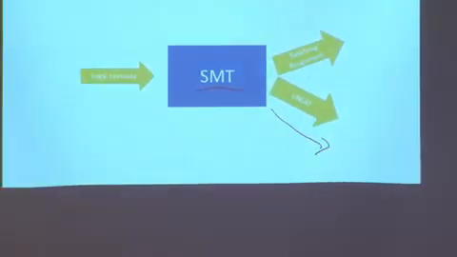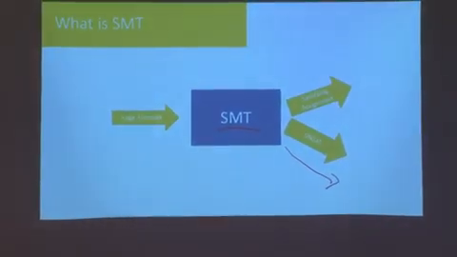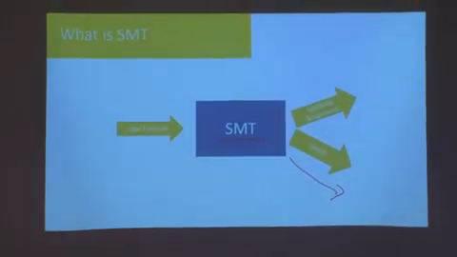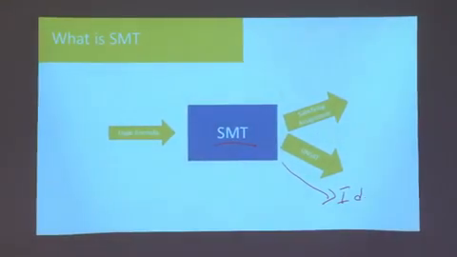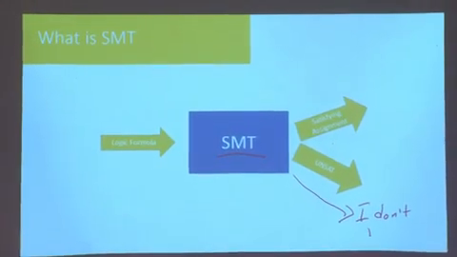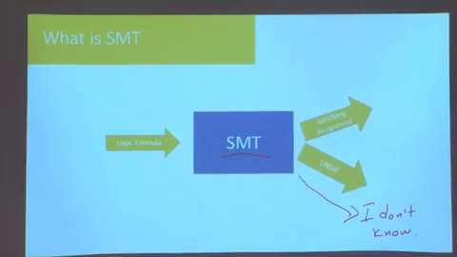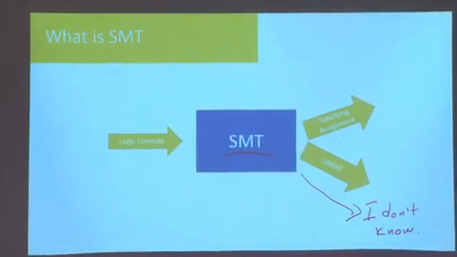Part of the answer is that for a lot of these solvers, there is a third thing that they can tell you, which is, I don't know. And so part of the beauty of these solvers is that for practical problems, even for very, very large and complicated practical problems, they are still able to do better than simply telling you, I don't know.